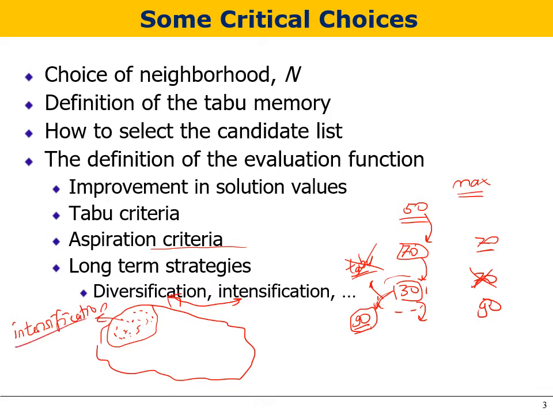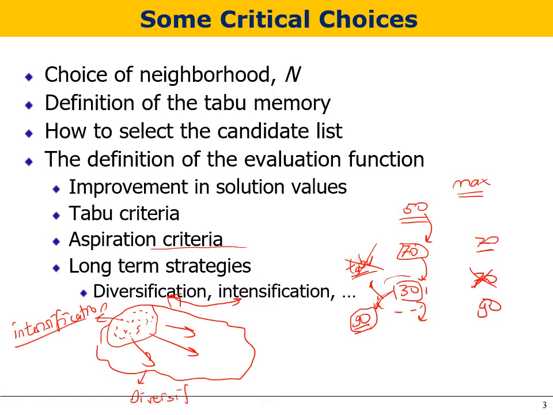But making only intensification may not provide you the best solution. Therefore, your solution should also search the other portions, other parts of your search space. And this is called diversification.